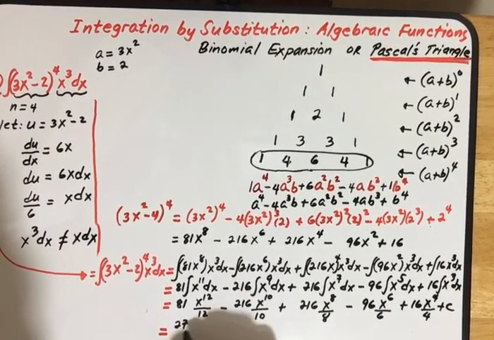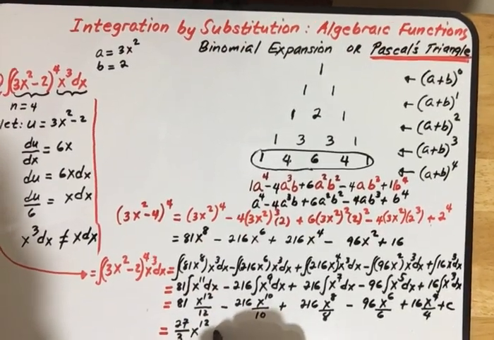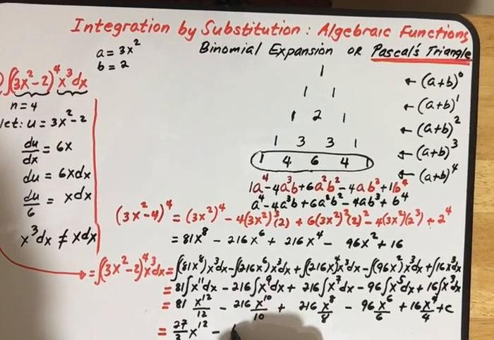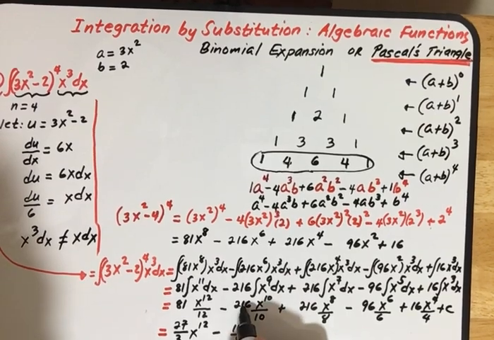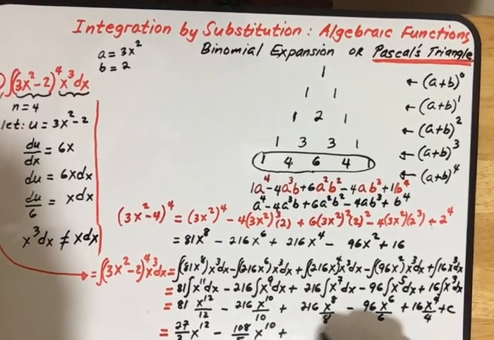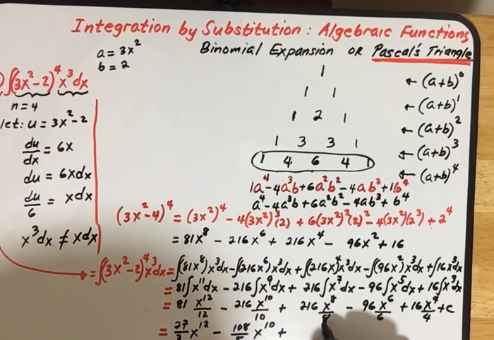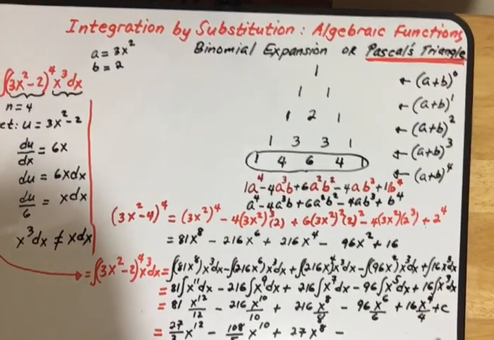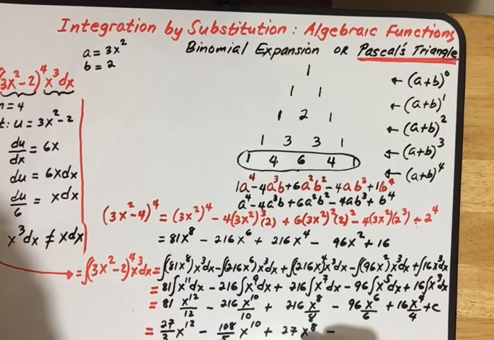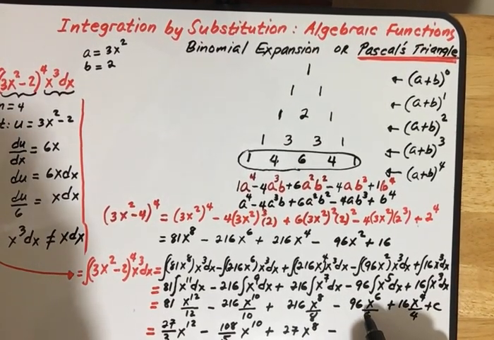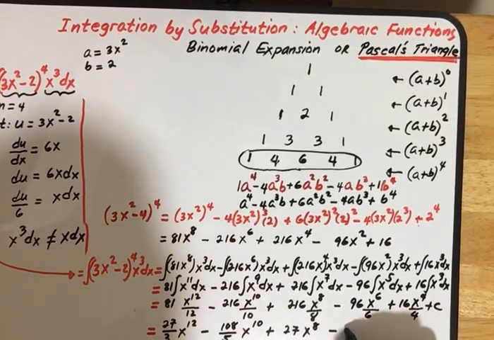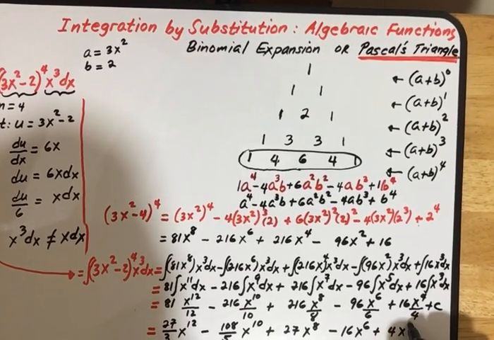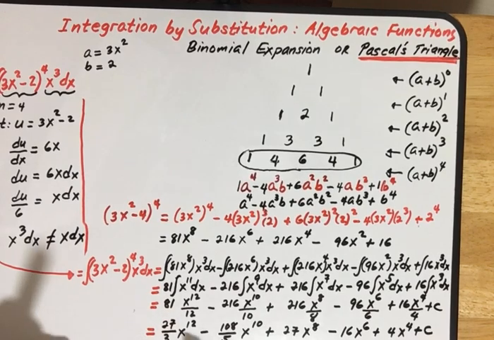So we have 27 divided by 3 x to the 12, then minus, this is not divisible by 10 but divisible by 2, so we divide by 2, so this is 108 divided by 5 x to the 10, then plus 216 divided by 8, that is 27, so 27 x to the 8, then minus 96 divided by 6, that is equal to 16 x to the 6, then plus 16 divided by 4 is 4, so x to the 4th, then plus c. So this is our answer.